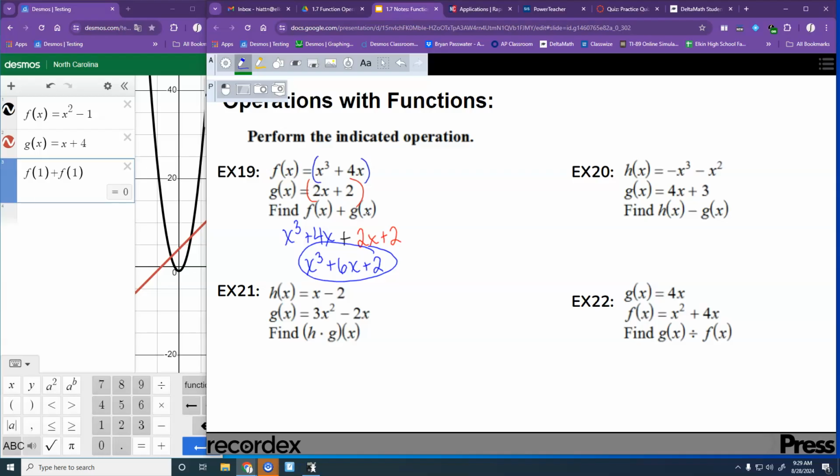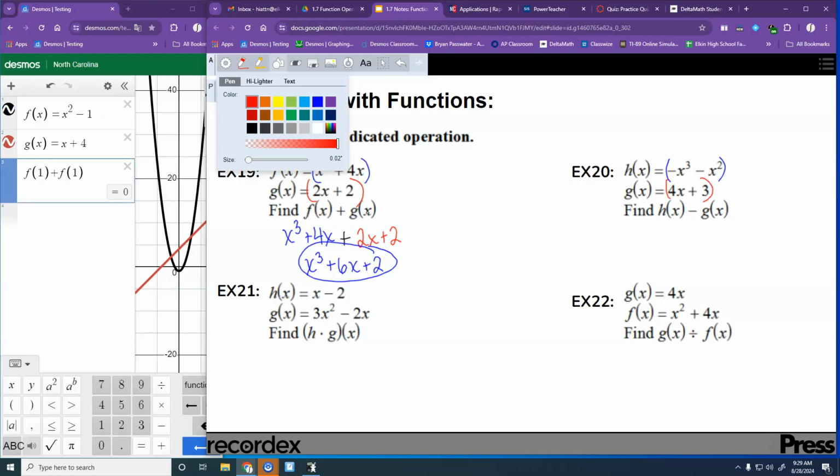Now, subtraction for number 20 is a tiny bit trickier. It's not that bad, but students mess it up a lot. Because for this one, you're taking this equation and subtracting the second equation. And here's what you have to be careful of. I didn't put any parentheses on the first one. I could have if I wanted to.